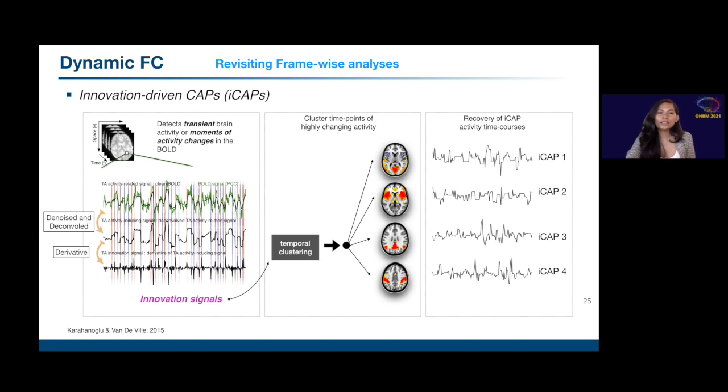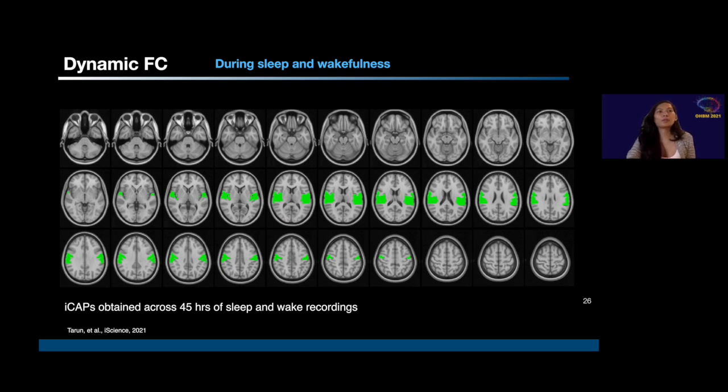What we did to apply this method, in a recent paper that we published, was to apply it to data of 45 hours of sleep and wakefulness recordings.